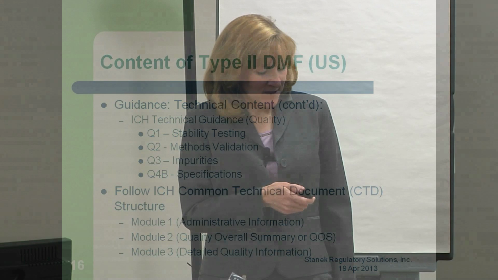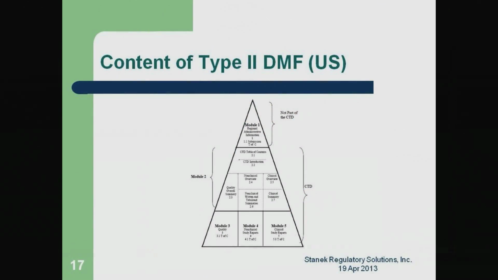I'm sure many of you have seen this triangle from ICH. Here's Module 1 at the top. I can't even read it from here. Module 2, and we're going to be working down kind of the left-hand side of the triangle. You're going to have your table of contents, but here's the quality overall summary down here. Obviously, for a DMF, you're not going to have a non-clinical or clinical overview or summary.